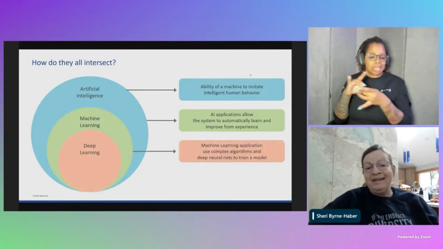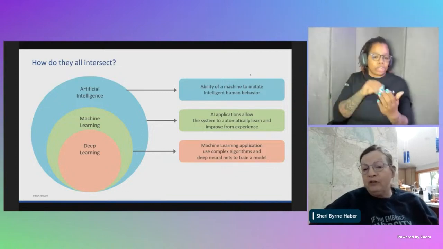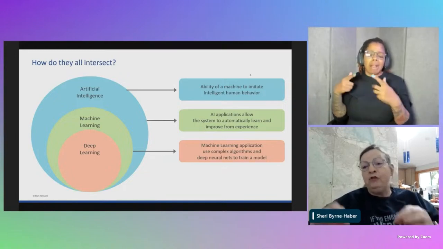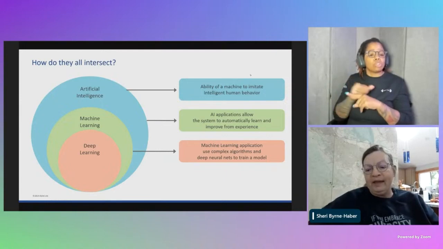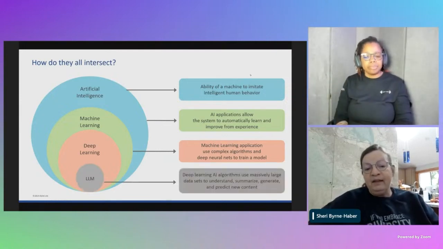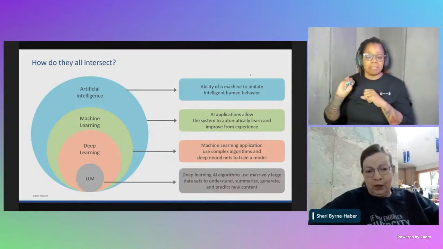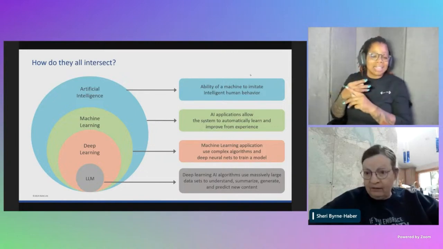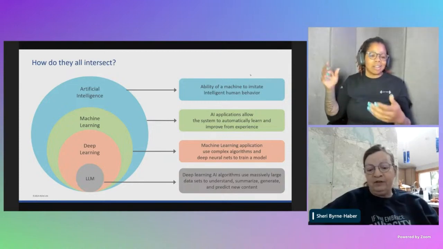Deep learning is a type of machine learning which builds neural networks using complicated algorithms. And that's what's used to train the models. We'll get into model training and what that consists of in a couple of slides. And then finally, LLM. So LLM is a type of deep learning, which is a type of machine learning, which is a type of AI. That's how all of those pieces intersect.